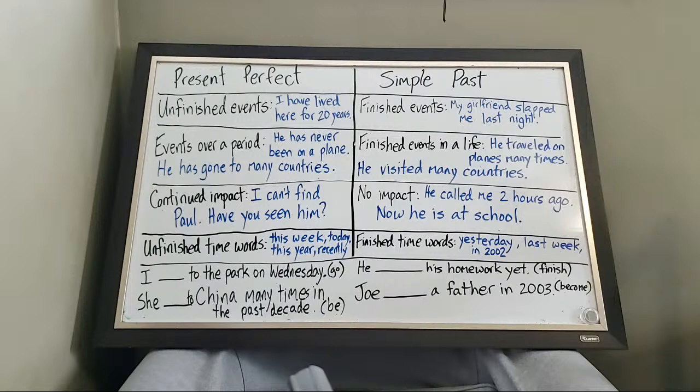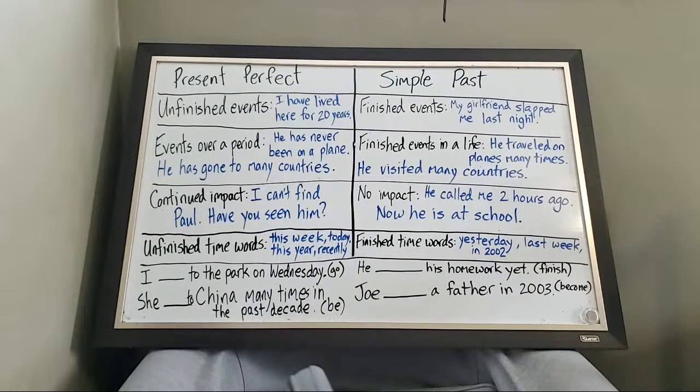He his homework yet. So this should be finished or didn't finish or hasn't finished. Now the word yet is the key. So that's talking about he started sometime in the past, he got his homework, and up till now, it's not done.